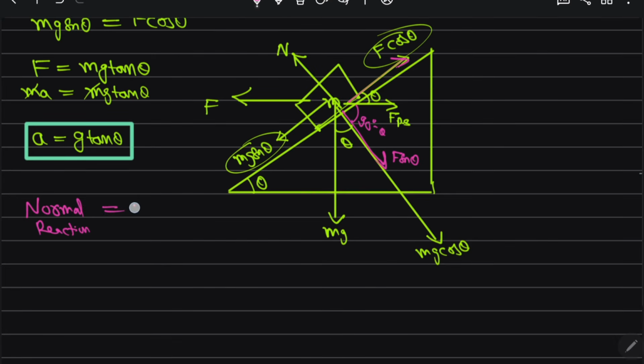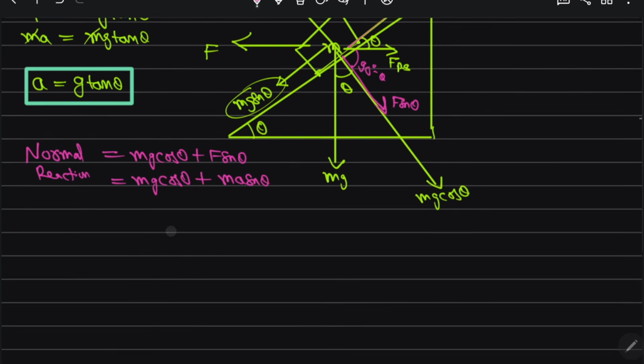So normal reaction is mg cos theta plus F sin theta. So mg cos theta plus, in place of F, ma sin theta. In place of acceleration, can I write g tan theta multiplied by sin theta?